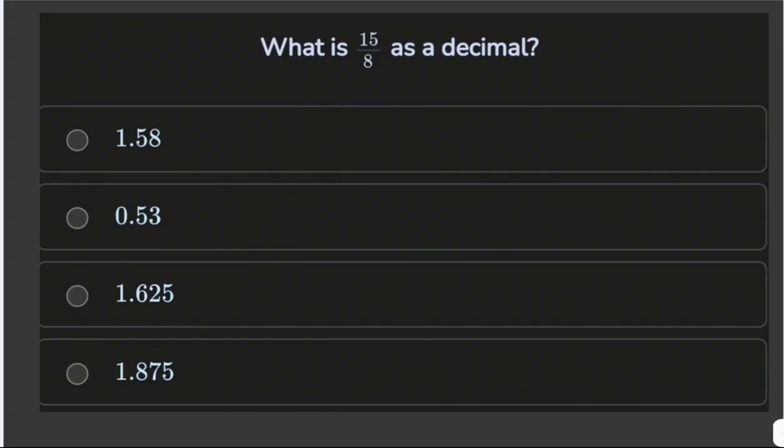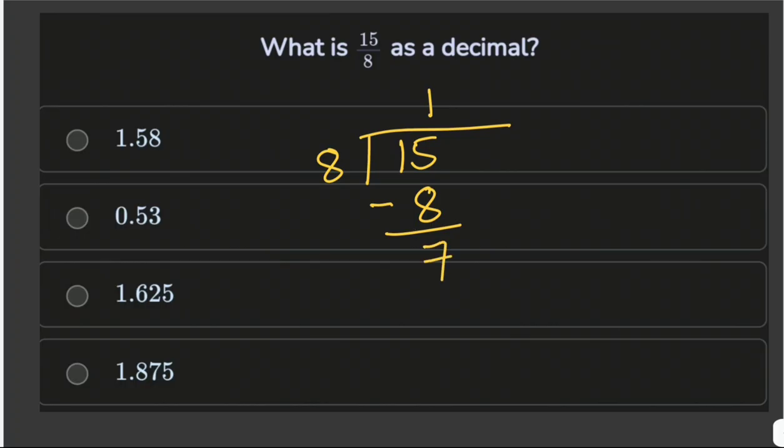We can use long division here. So it'll be 15 divided by 8. There's only one 8 in 15. So 1 times 8 is 8. 15 minus 8 is 7. Note that we need to divide the numbers until we get a 0 remainder as much as possible.